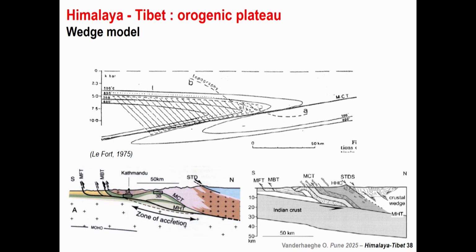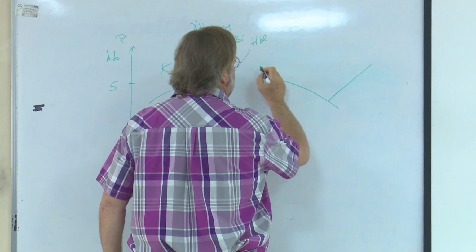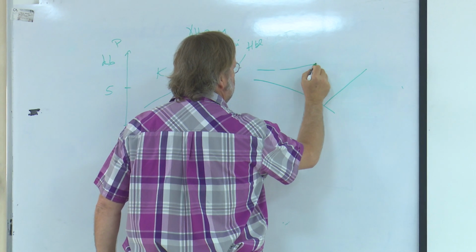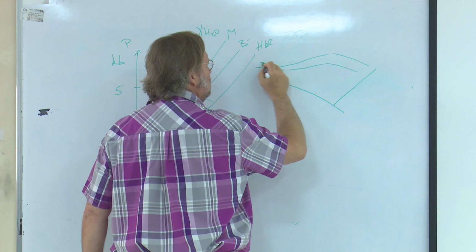The other underlying idea here is that there is an equilibrium between plate tectonic force and gravity. That's the shovel. At first, the wedge goes like this, goes like that.